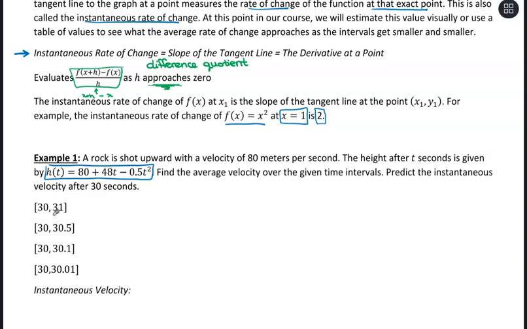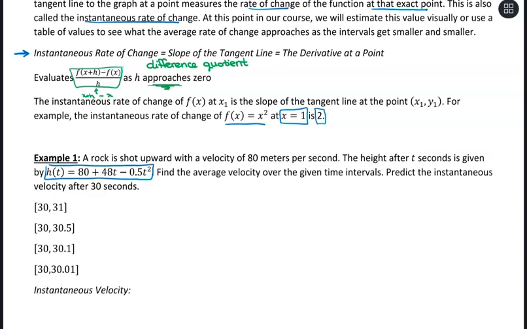So what we're doing here is looking between 30 seconds and 31 seconds, and then closing that gap. 30 to 30.5, 30 to 30.1. You can see how those increments are getting shorter and shorter. And what we can do is start to see a trend of as those get shorter and shorter, we can pretty much assume or at least estimate what's happening instantaneously at t equals 30.